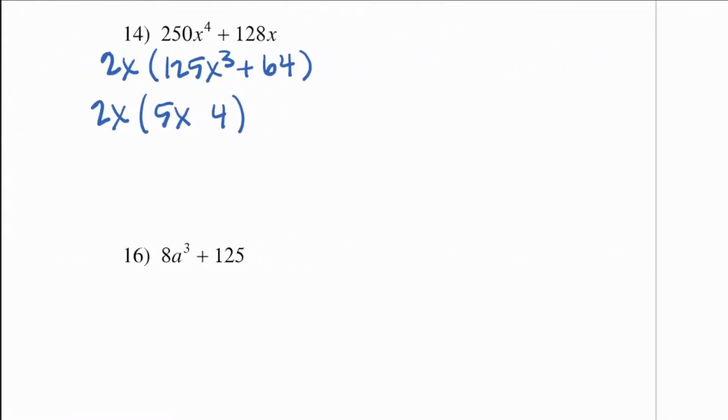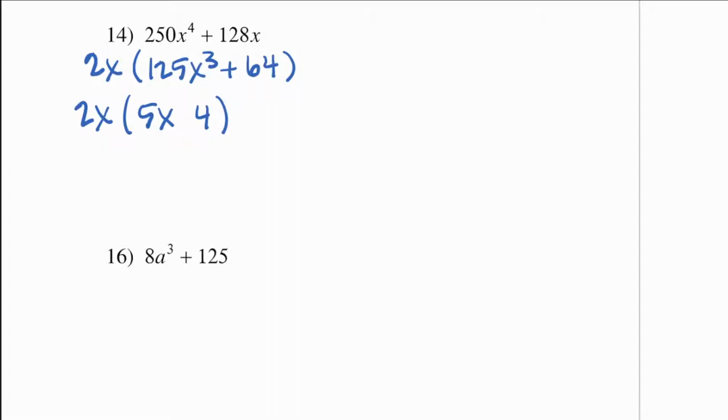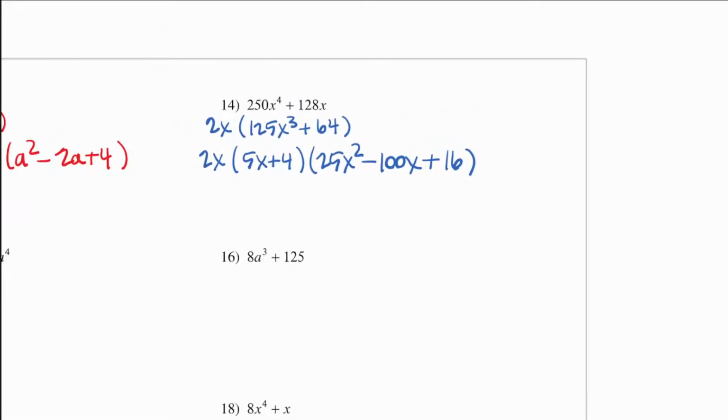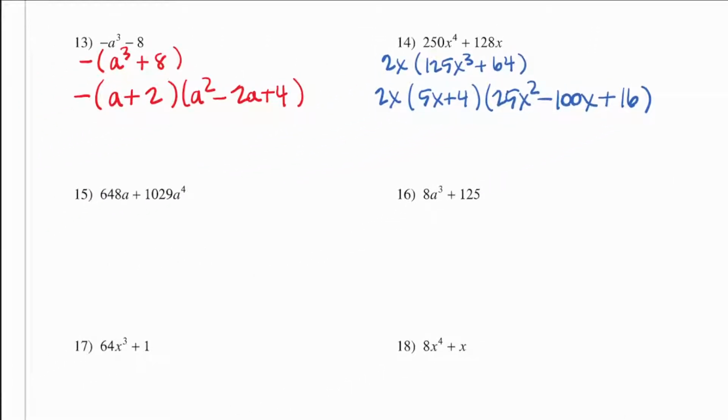I'm going to scroll over here, I guess. And same sign. Square 5x, get 25x squared, multiply 5x and 4 and get 100x. Opposite sign, always positive, square 4, that's 16. And yeah, that looks good to me.